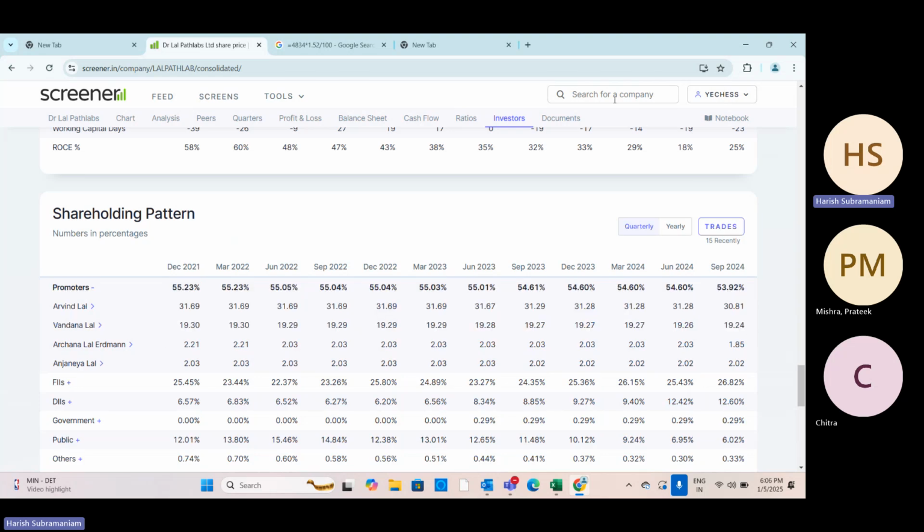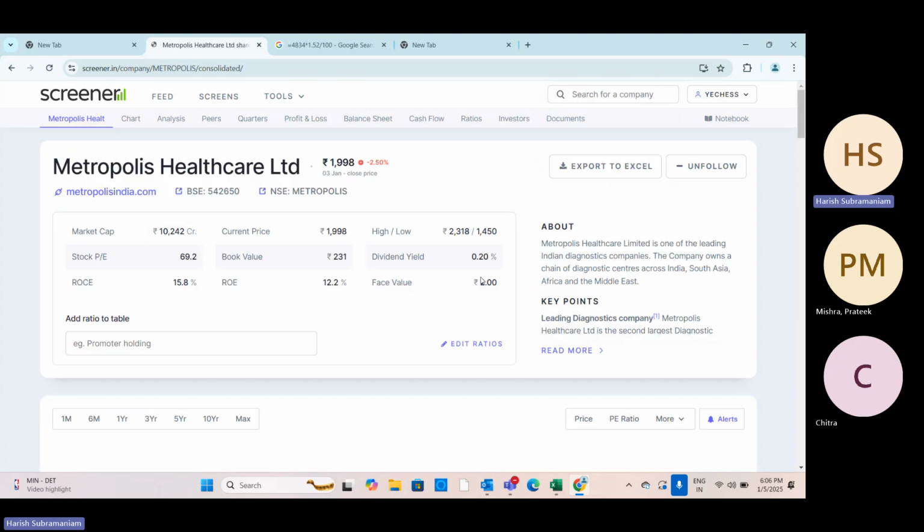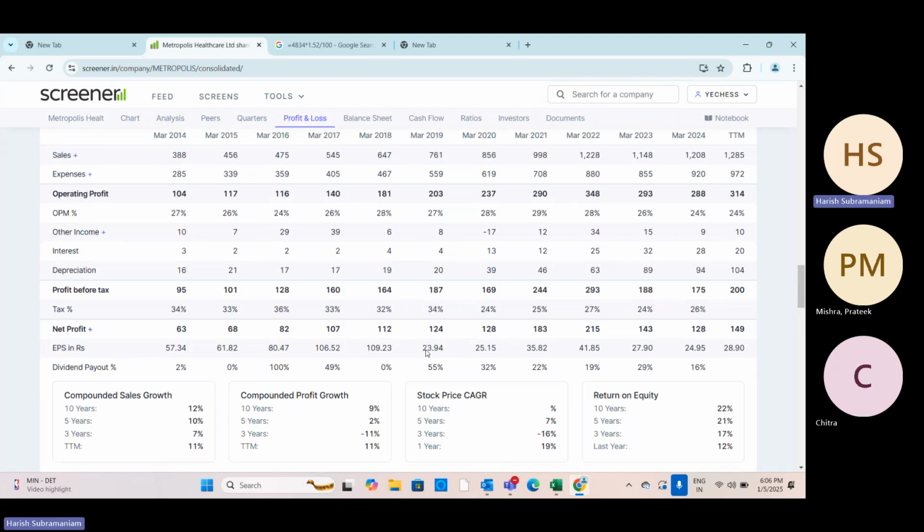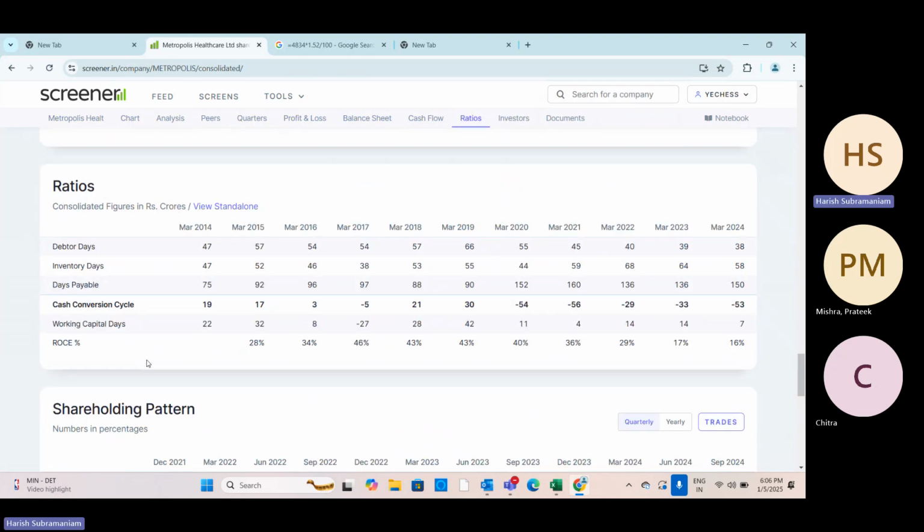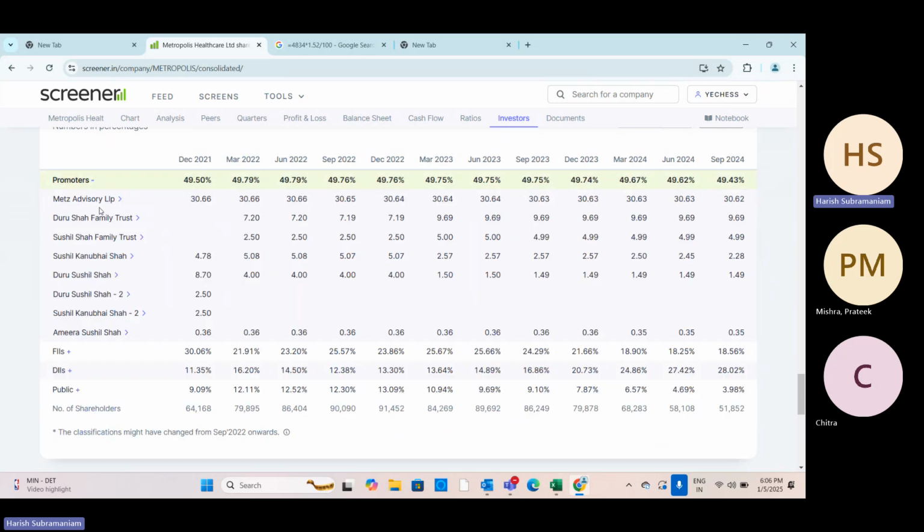And similarly, if we look at a competitor of Lal Pathlabs, which is Metropolis Healthcare, the promoter of Metropolis, Amira Shah, the primary business of the promoter is this Metropolis Labs.